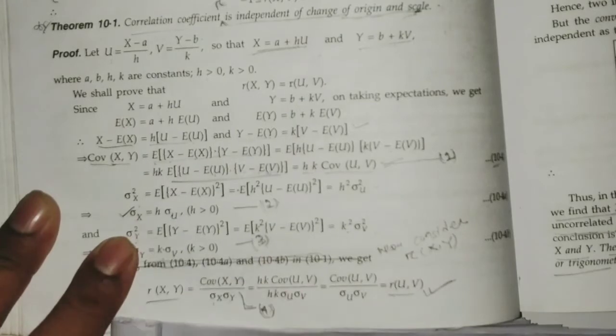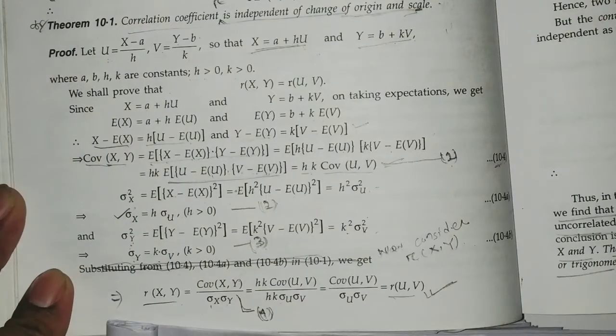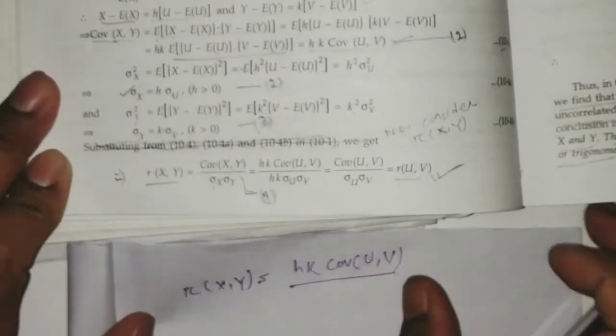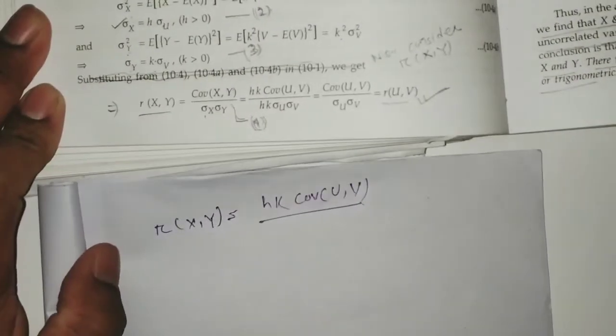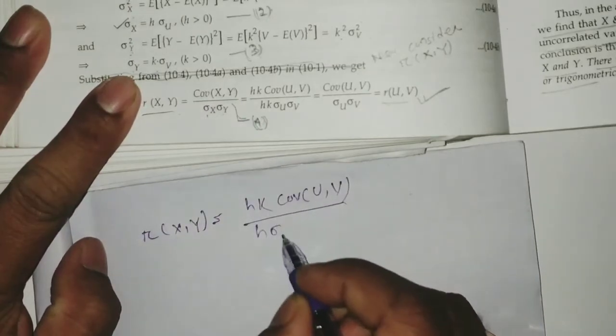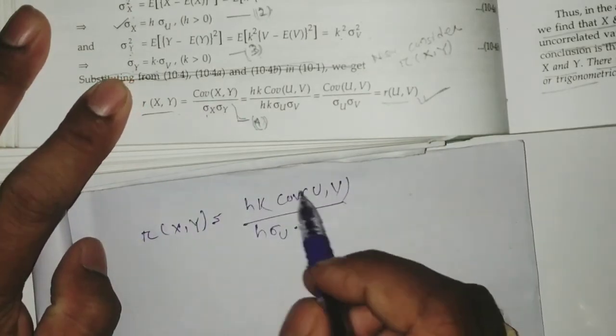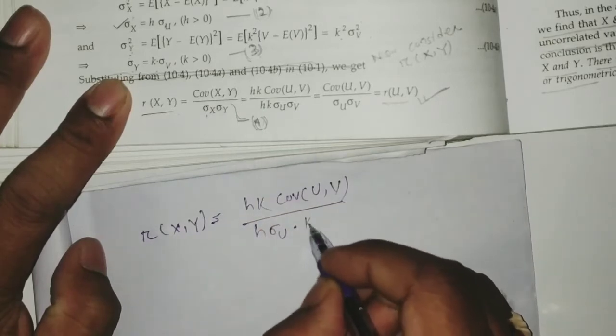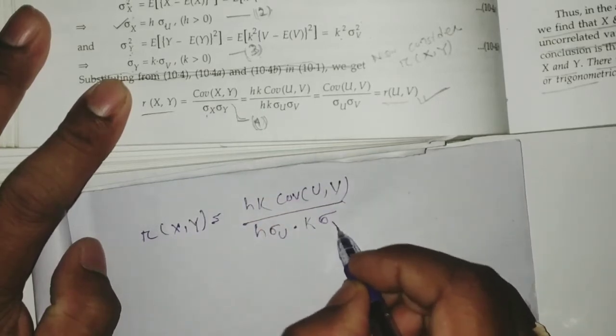That means sigma x is your h sigma u, into sigma y, which is k sigma v.